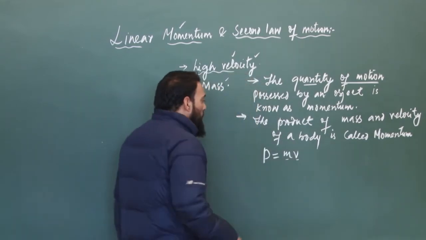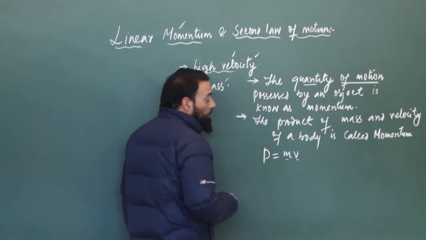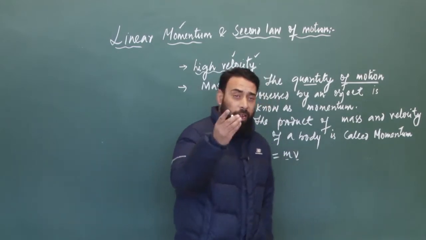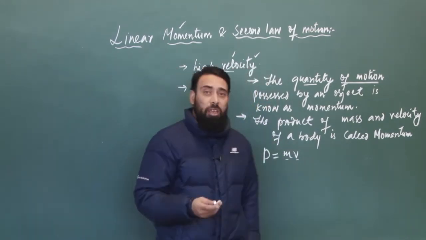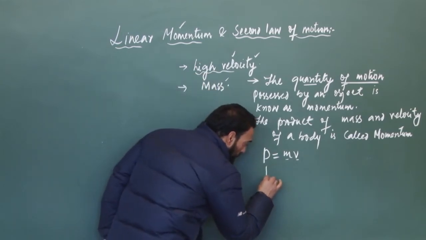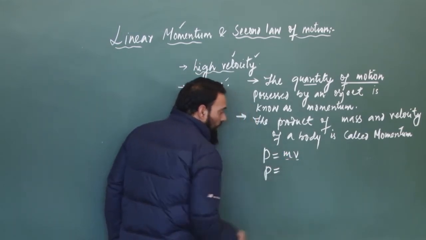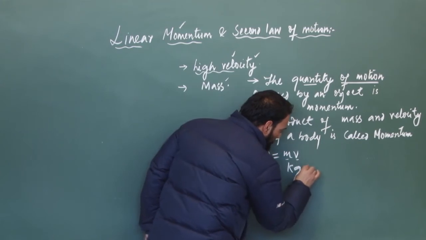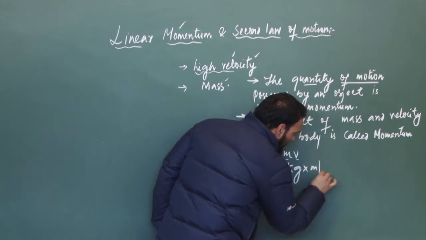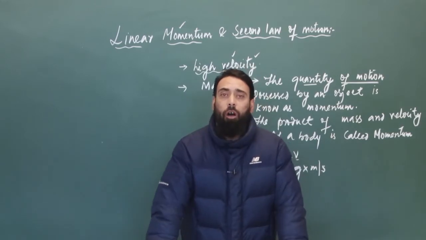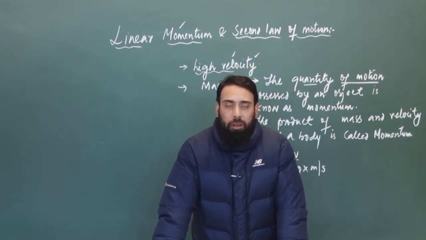For example, we know mass is measured in kilograms in the SI unit system, and velocity is measured in meter per second. So substituting these values, we find that momentum is equal to kg into meter per second. So kg meter per second is the SI unit of linear momentum.